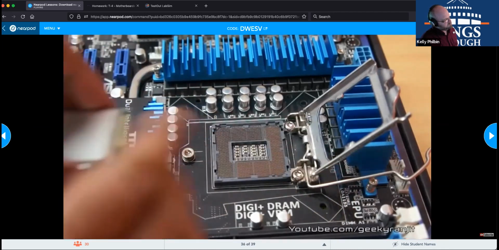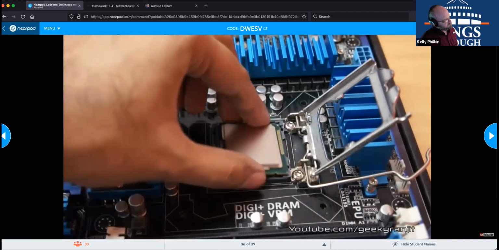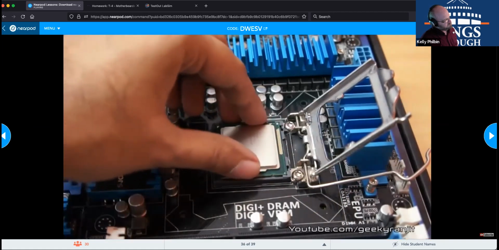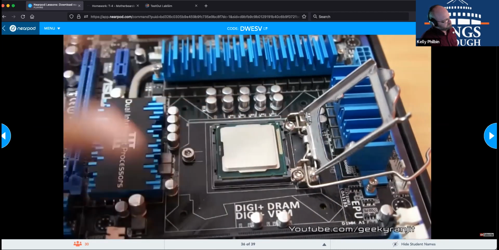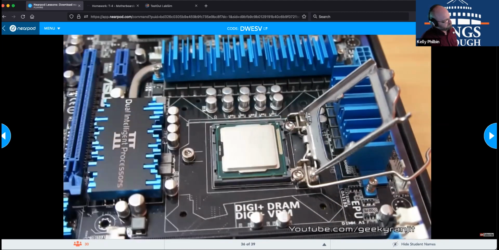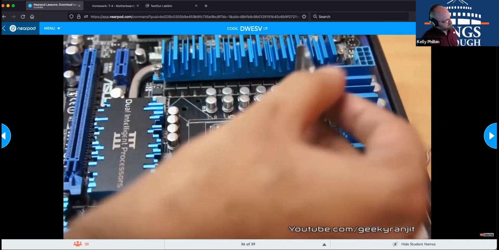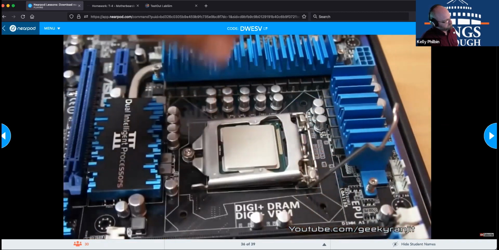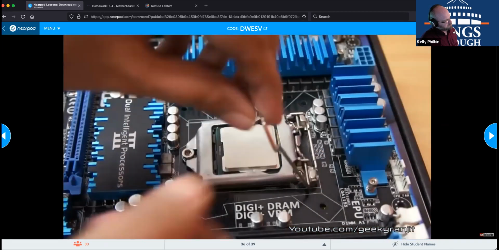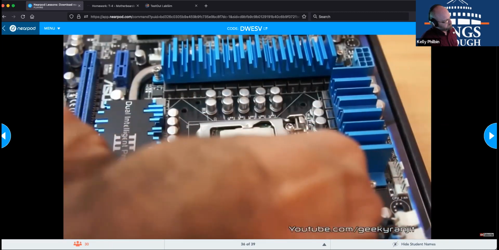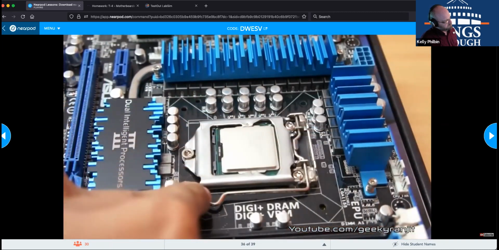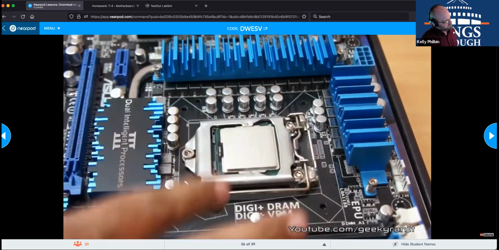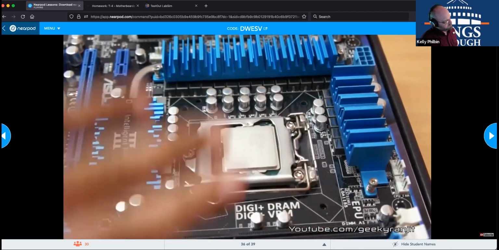So you just gently place the chip and it should sit down. Now what you have to do is bring back this plate like this and depress the lever. Do note that you might have to apply a little bit of pressure. That is okay. Now you have installed the chip.